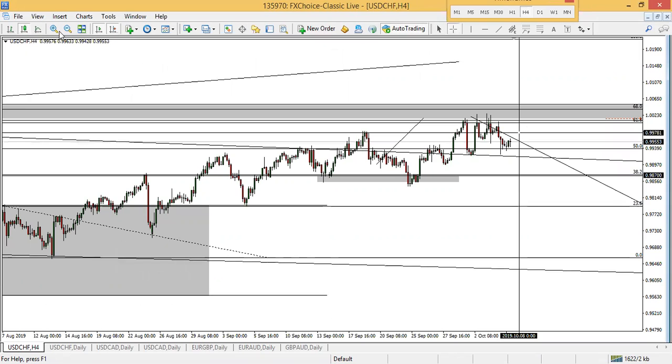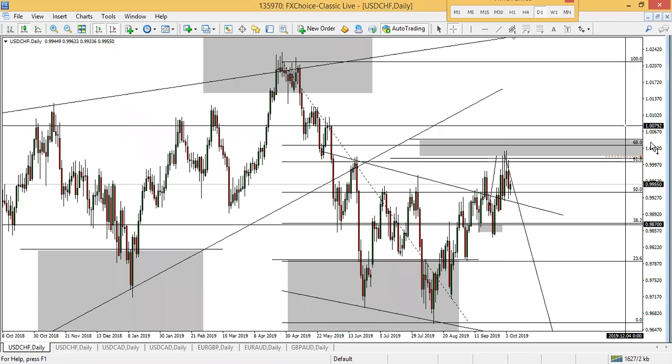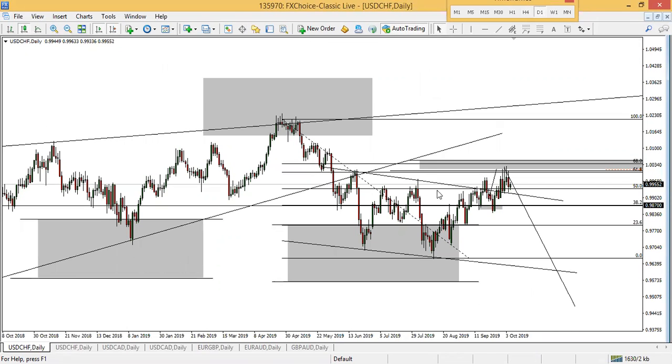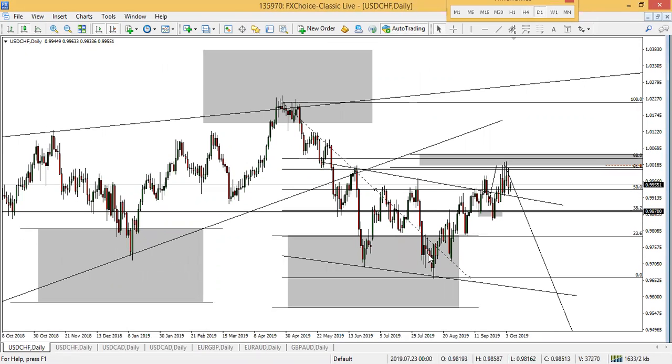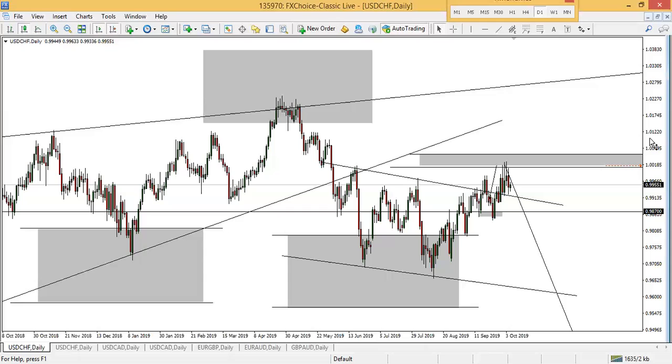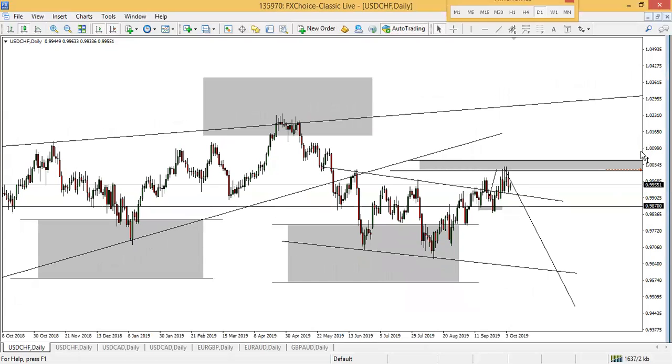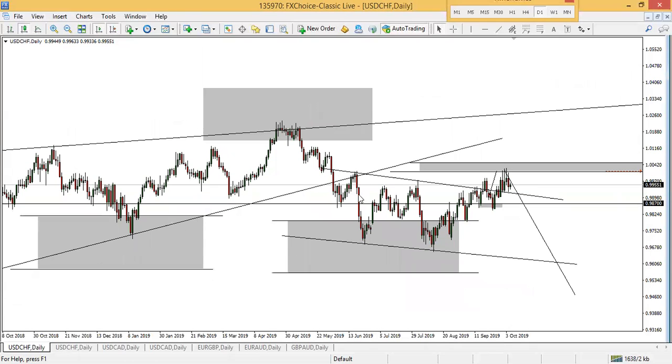So right now I'm on the 4-hour. Sorry if the line is too clumsy, but that's what we do, right? So this was in a range on the weekly, broke. Now it's at the major resistance level. The major resistance level brought in the sellers over here.